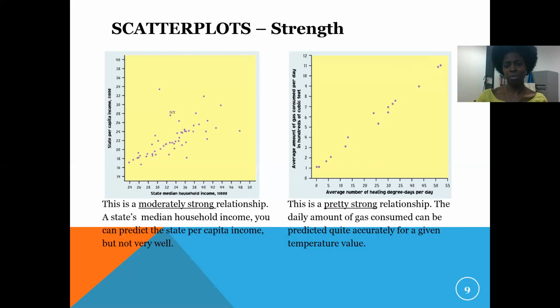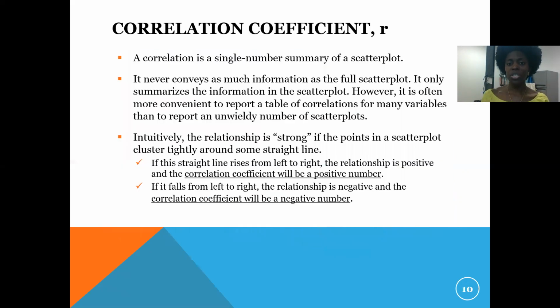Nope, I think it's moderate. No, I think it's pretty strong. So we try to get rid of these inconsistencies in how we're thinking about the relationship by using a correlation coefficient, which we all agree on what that number will mean.